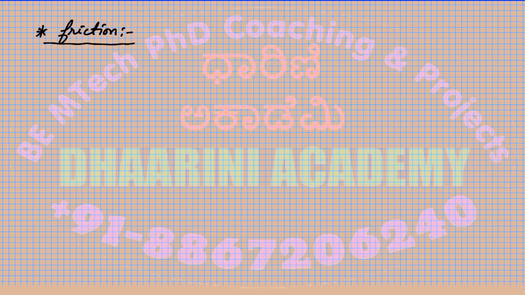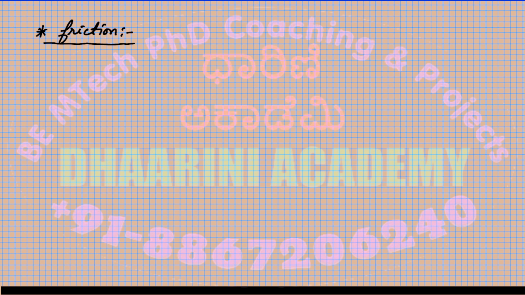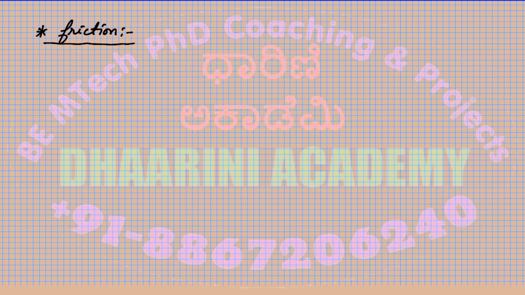Obviously this force is tangential. There will always be a tangential force along the surface, opposite to the direction of motion of the bodies. We call it friction.